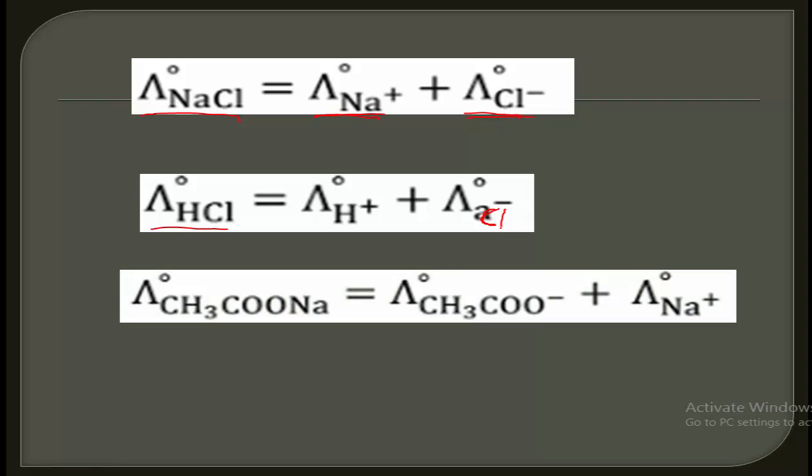And similarly for sodium acetate, we can write lambda naught CH3COO minus plus lambda naught Na plus. In this manner, we calculate the limiting molar conductivity of an electrolyte by taking the sum of the limiting molar conductivities of the cations and anions.